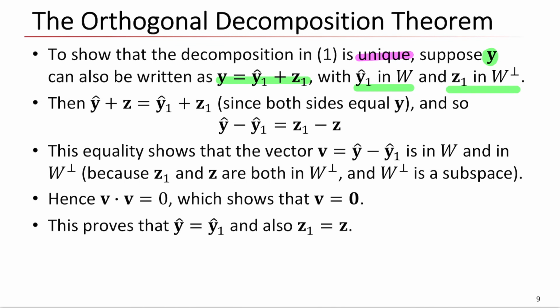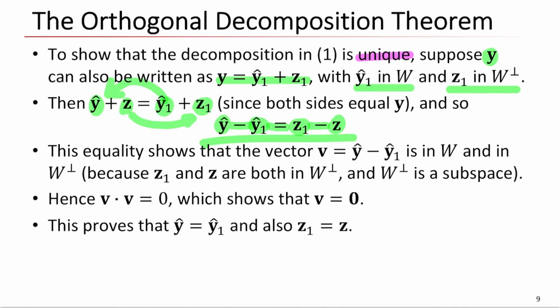Then y hat plus z is equal to y1 hat plus z1, since both sides equal y. So we can represent it like this: y hat minus y1 hat is equal to z1 minus z, right?